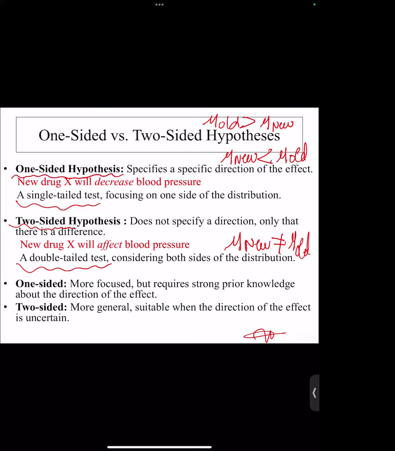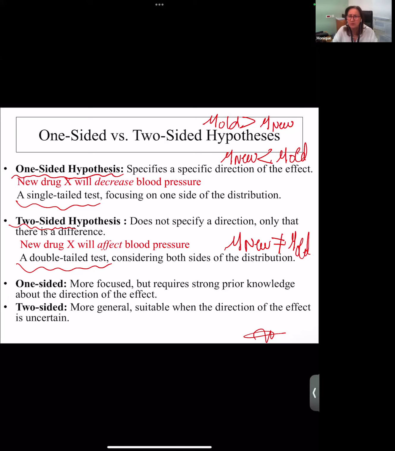So, one-sided versus two-sided. Let's say you are doing a study on whether putting a filter on a generator, for instance, would reduce the amount of pollution. I'm talking about environmental health students.